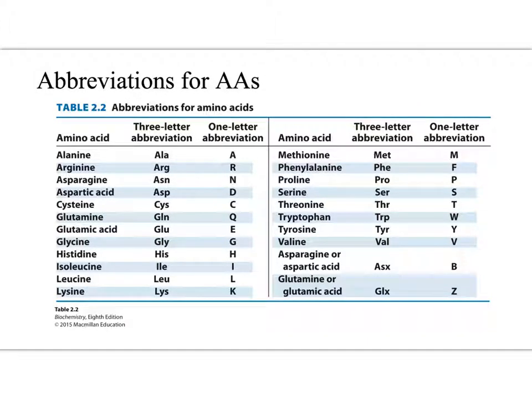Now, in addition, for the amino acids, we do have abbreviations that we use when we're just showing different portions or segments of a polypeptide chain if we're not drawing out the structures. So each amino acid, just general notation, has both a 3-letter abbreviation and a 1-letter abbreviation. Now, more often than not, the 3-letter abbreviation makes sense based on the name of the amino acid. The 1-letter abbreviation doesn't necessarily relate directly to what that amino acid name is.